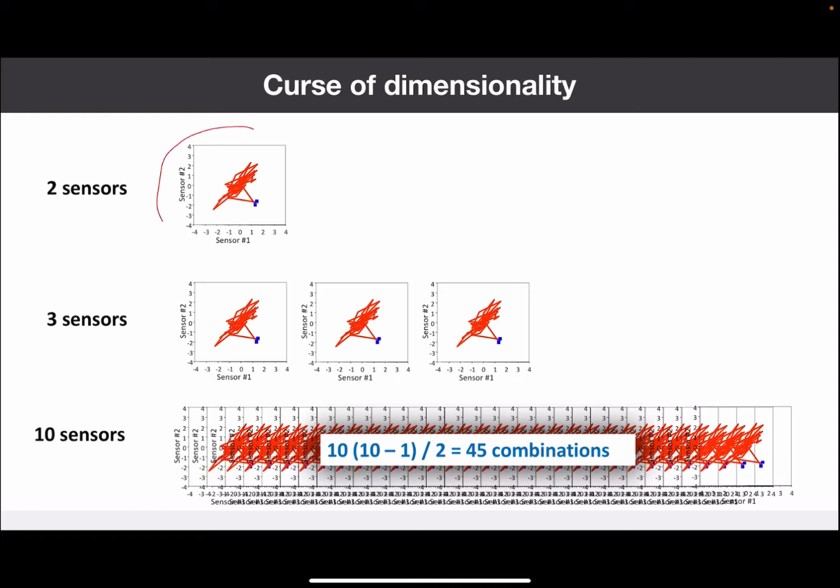But if you have three variables, then you have three pairs, so you have to look at three plots and calculate three correlation coefficients. If you have 10 variables, then your number is 45. So you need to look at 45 plots and calculate 45 correlation coefficients, which is quite a lot. And if you have 100 variables or 1000 variables, it's insane.